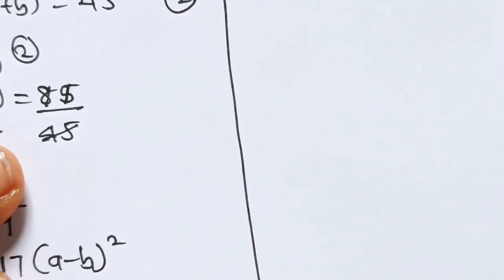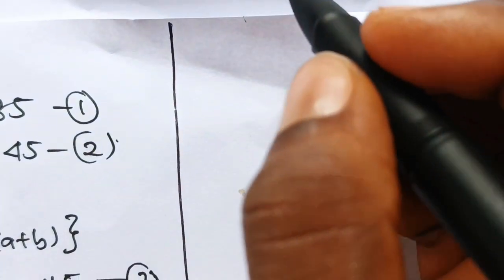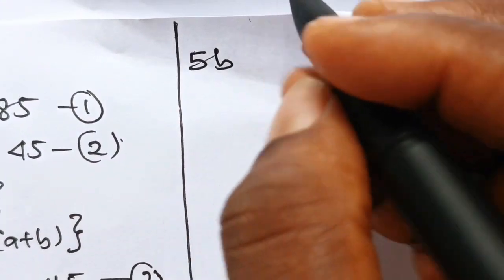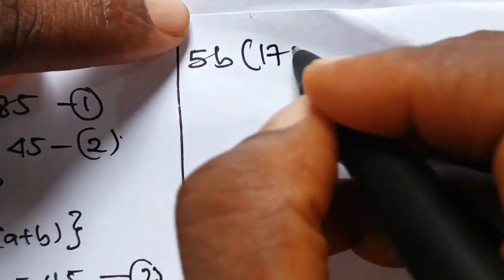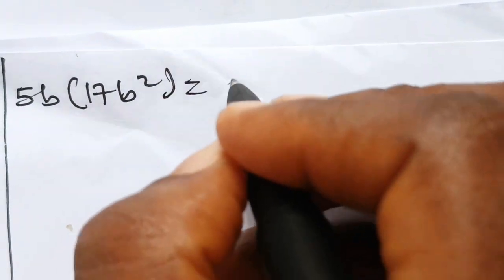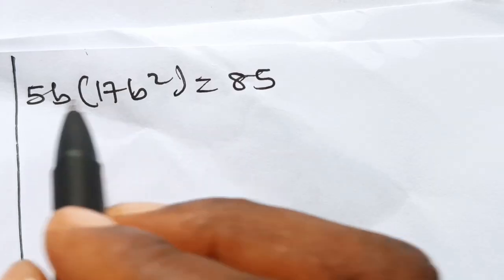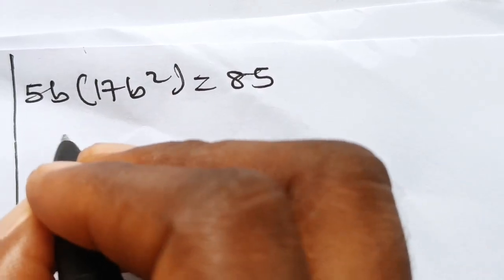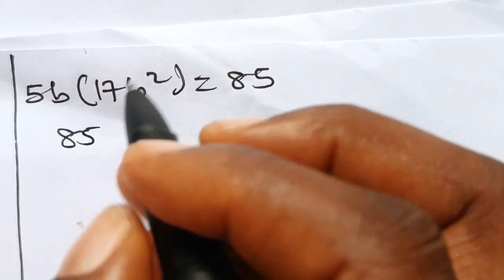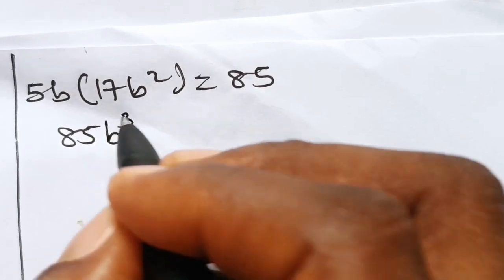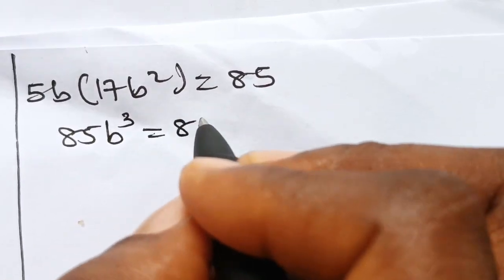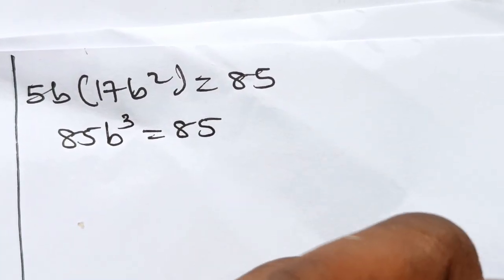Alright, so if we multiply or open the bracket, we have 5 times 17 is 85, and b multiplied by b² is b to the power of 3, is equal to 85.